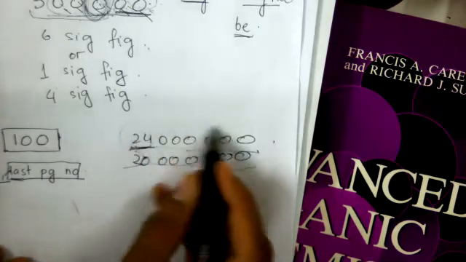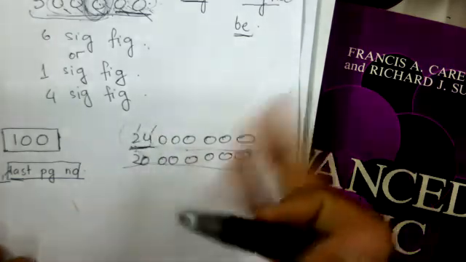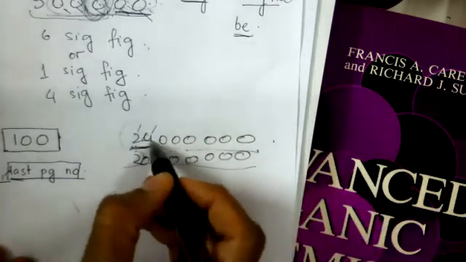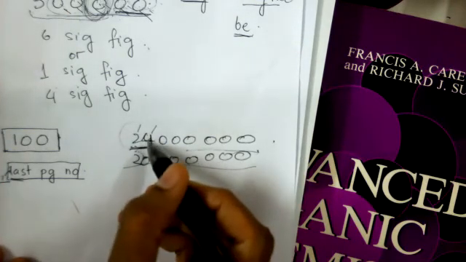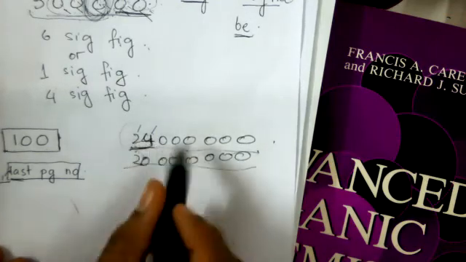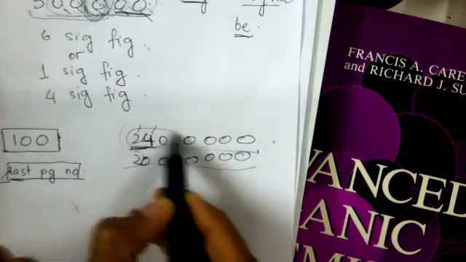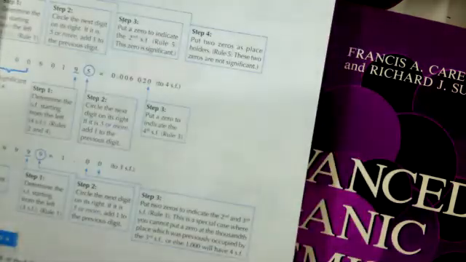The question is talking about this. It seems from the question that because they themselves wrote 4, they are pretty sure about this 4, right? And non-zero digits are significant. So there are 2 significant figures in this particular question. This is a little tricky to understand.